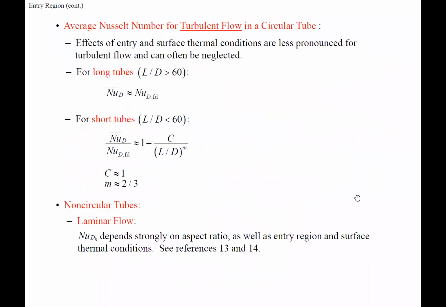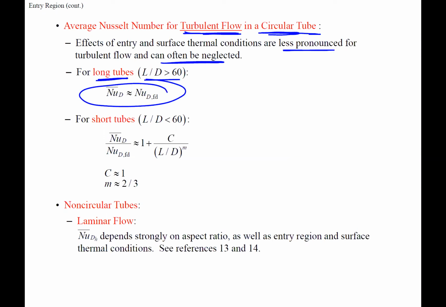These two slides. So now we're changing to turbulent flow, still circular tube. Okay, average Nusselt numbers. It's not as pronounced for turbulent, so a lot of times we can neglect it, but we have some justifications here. So if it's a very long tube, L over D greater than 60, we're just showing the Nusselt numbers kind of the same as the fully developed.